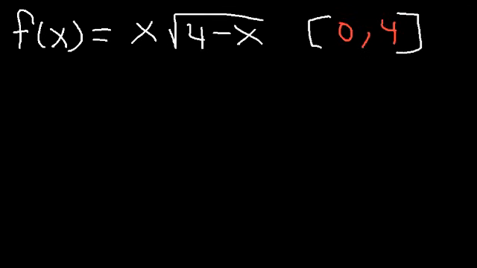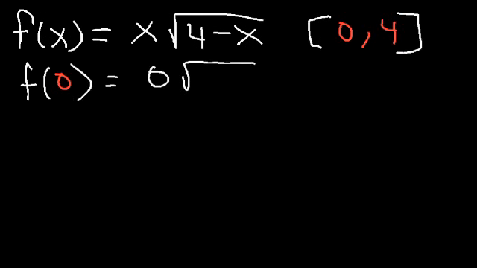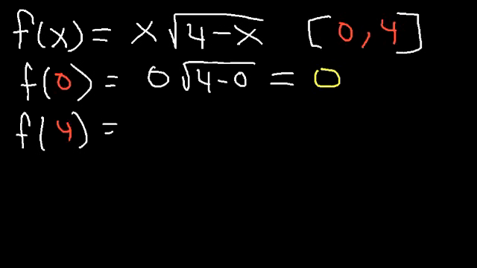Now, f of a, does it equal f of b? So what is f of 0? This is going to be 0 times the square root of 4 minus 0, which, 0 times anything is 0. Now what about f of 4? This is going to be 4 times the square root of 4 minus 4. 4 minus 4 is 0.